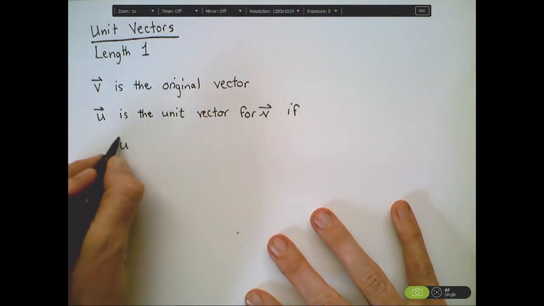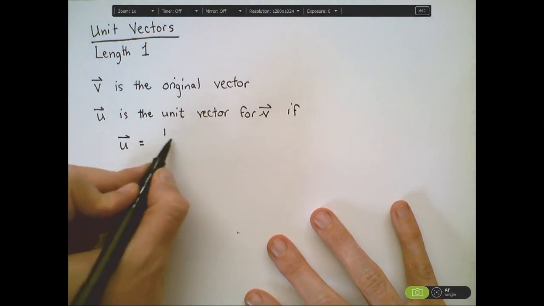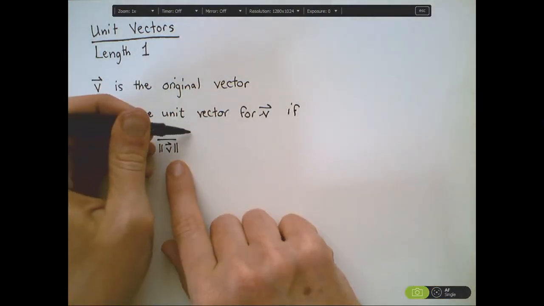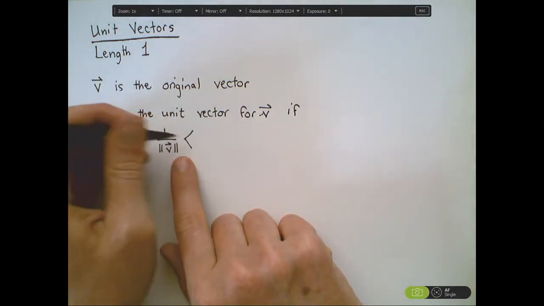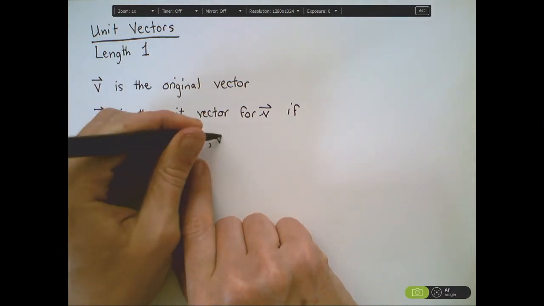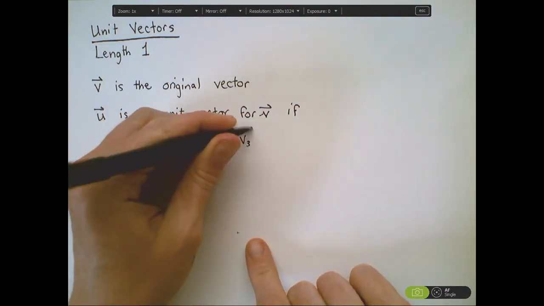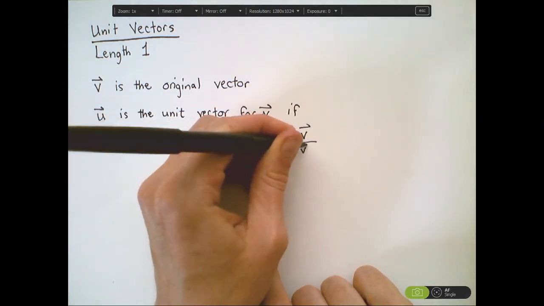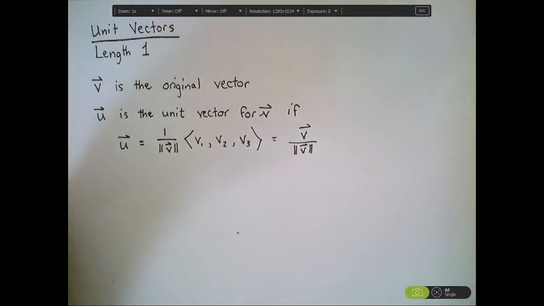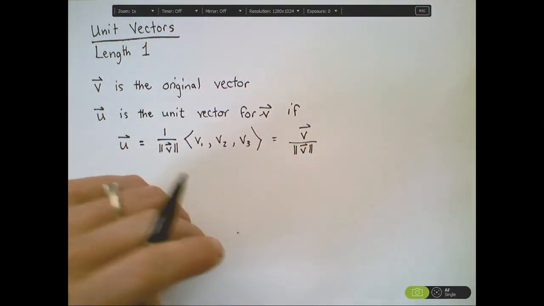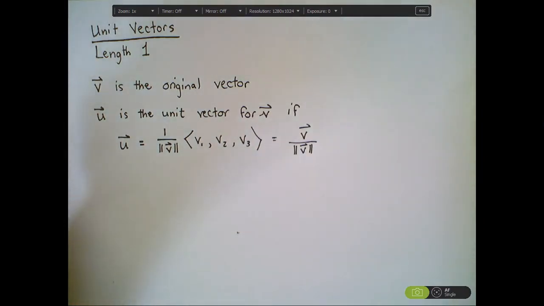We have that u is exactly equal to 1 divided by the magnitude of v times our original vector v, which was v1, v2, v3. Or we can write it as our original vector v divided by the length of v. Because if I have something that's 10 units long and I divide it by 10, then it's only going to be 1 unit long. Or if I have something that's square root 14 units long and I divide it by square root 14, then it's going to be just 1 unit long.